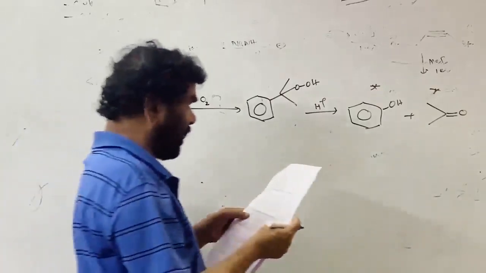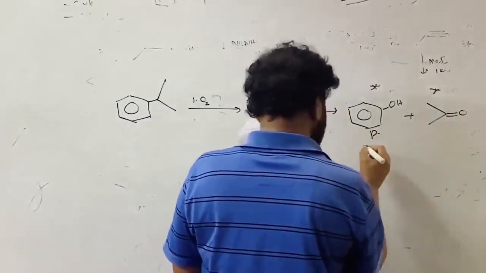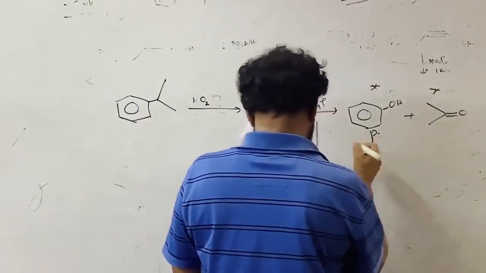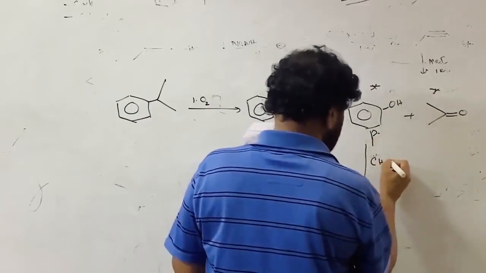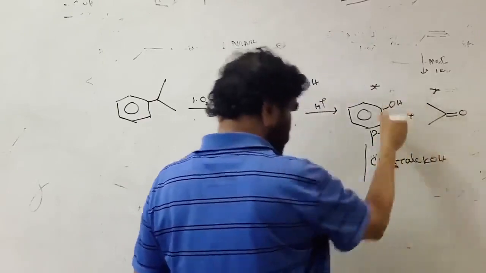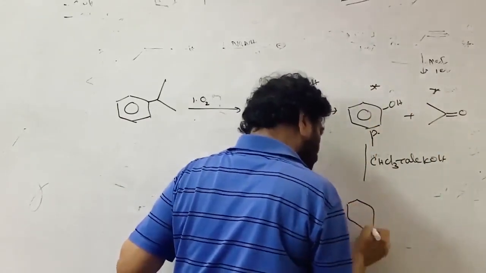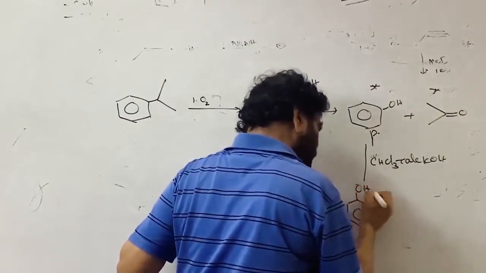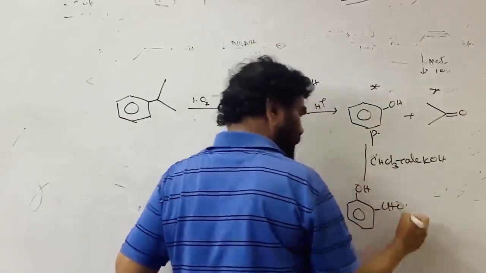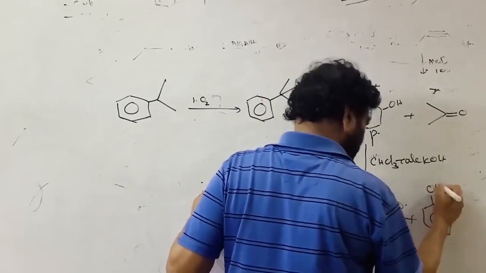And now P is formed. This is the P. Now this is treated with chloroform, CHCl3, plus alcoholic KOH. That gives the Reimer-Tiemann reaction, that is ortho-hydroxybenzaldehyde, a formylation process on the phenol, and para-hydroxybenzaldehyde.